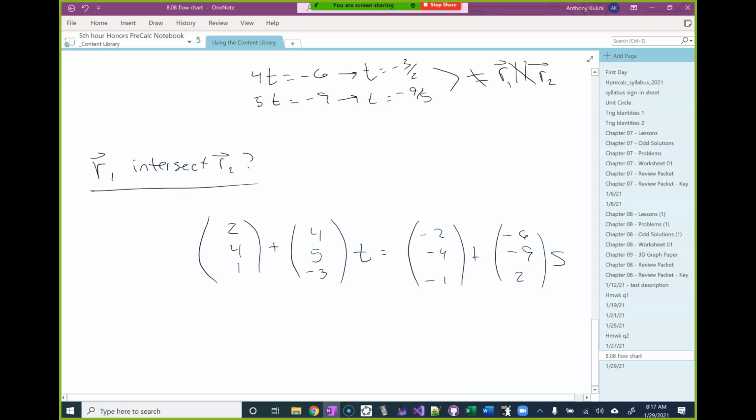And I'm going to turn this into systems of equations.